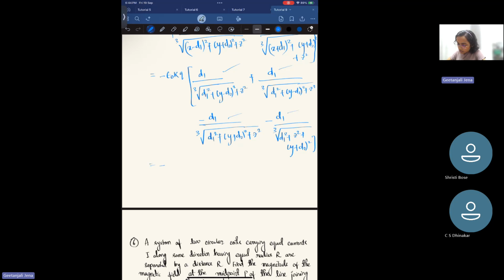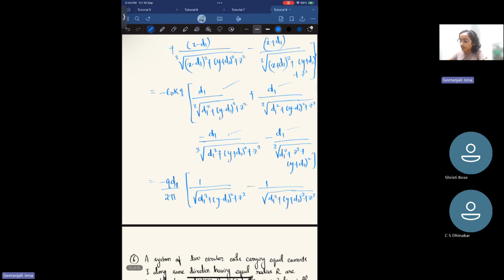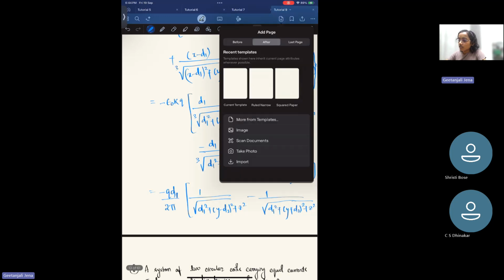Finally you will get minus Q d1 by 2 pi, times 1 over d1 square plus y minus d2 square plus z square to the three-halves minus 1 over d1 square plus y plus d2 square plus z square to the three-halves. So this is for one of the planes.